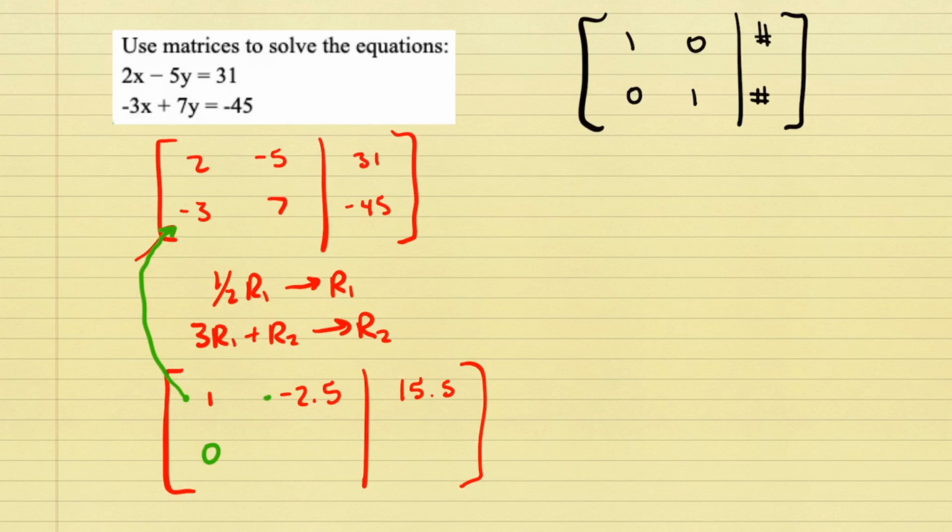3 times the negative 2.5 is negative 7.5. I add it to the 7 up here, so I get negative 0.5. Next one, 3 times the 15.5 is 46.5. I add it to the negative 45 above, so I get 1.5.